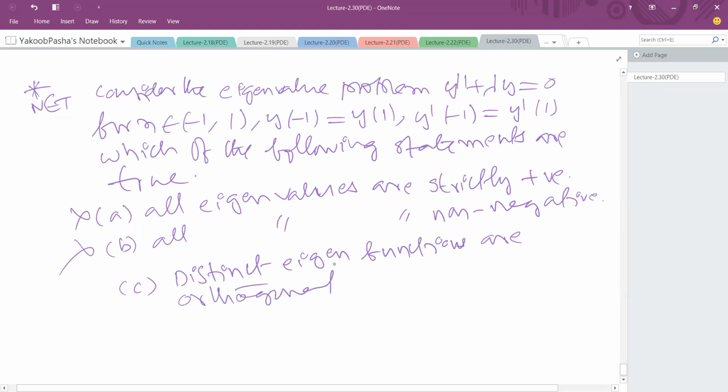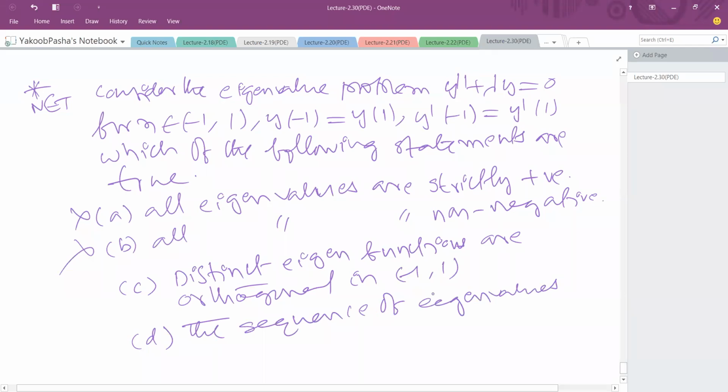You can check whether it is satisfied or not in the open interval minus 1 comma 1. And option D: the sequence of eigenvalues is bounded above. Which of the following statements are true?